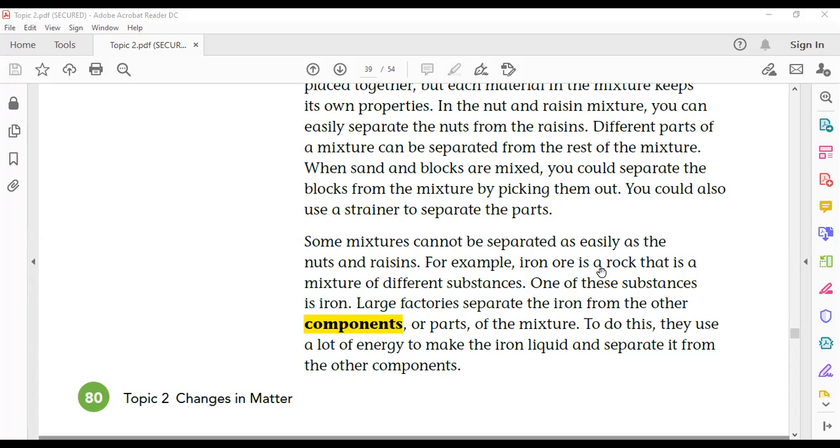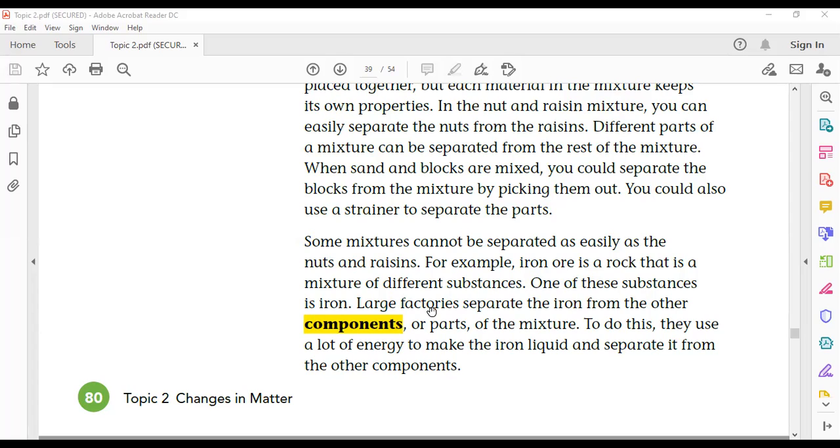For example, you can find it in a rock. Iron ore is a rock that is a mixture of different substances. So you can find iron mixed with other metals. To separate iron is not an easy task. It needs many steps and they are very hard. One of these substances is iron. I mean, iron ore is a rock made of different substances or metals.